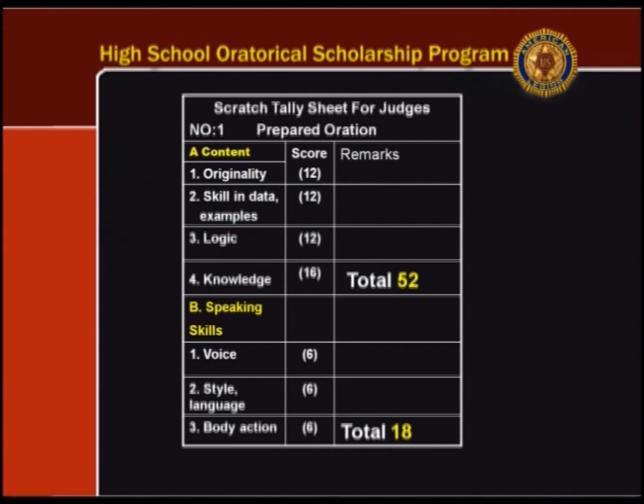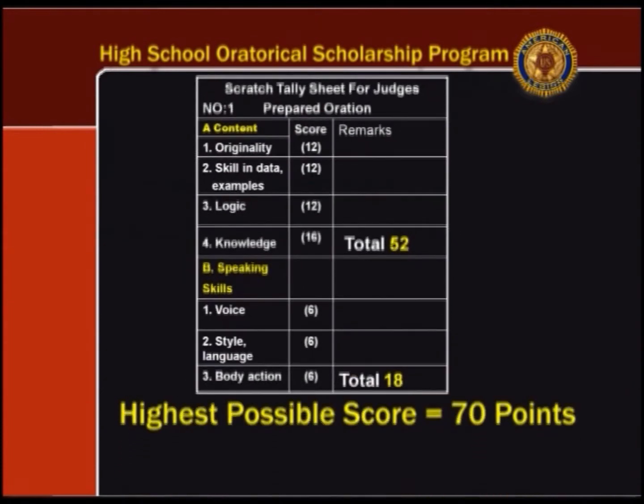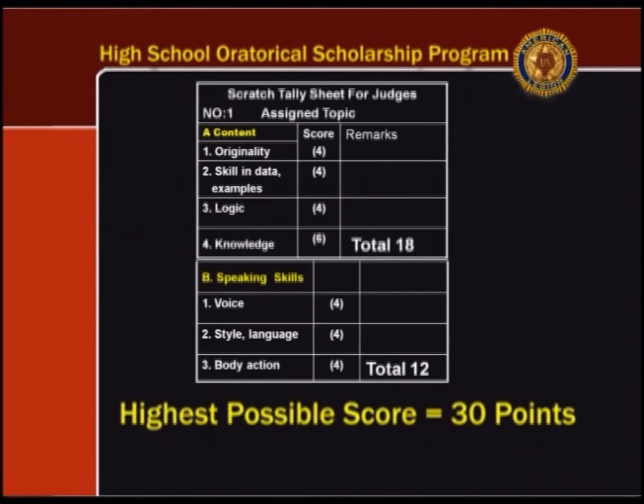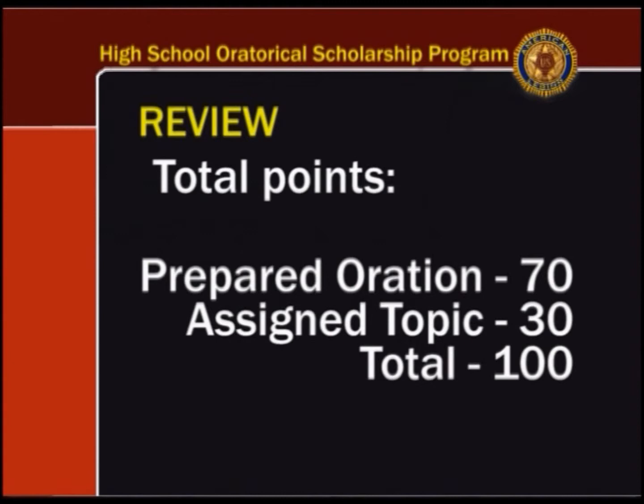And in the speaking skills area, there are 18 points for a total of 70 points out of 100 for the prepared oration. On the assigned topic, the total point values are 18 for content areas and 12 for speaking skills, for a total of 30 points on the assigned topic, so that the total score for this contest cannot go over 100 points for each contestant.